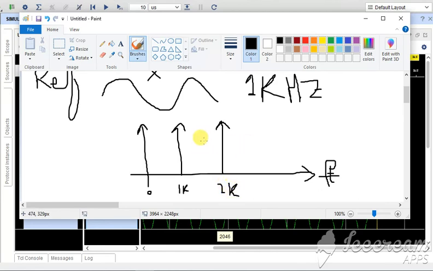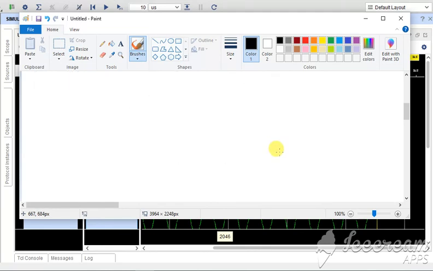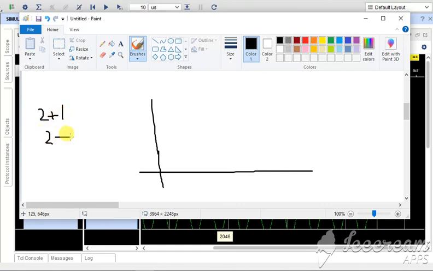When we multiply these signals, we will get two components, that is 2 plus 1 and 2 minus 1. So one component will be at 1k and another component will be at 3k.